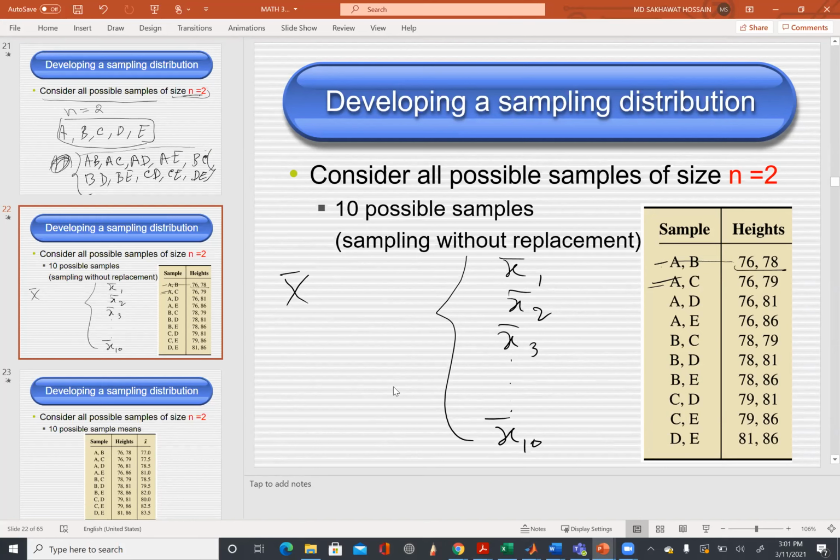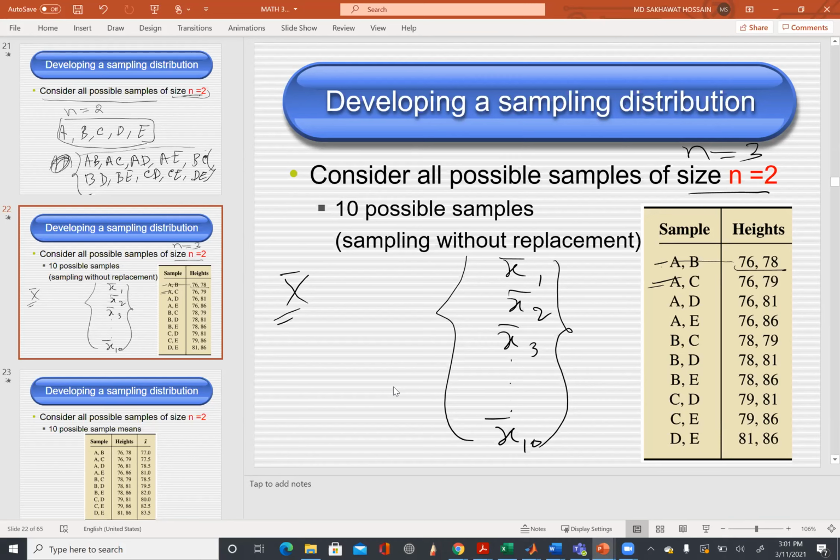Since they are random, we can construct the probability distribution for these observations, for this random variable. This distribution is called the sampling distribution for the mean of size 2. Similarly, you can take samples of different sizes.